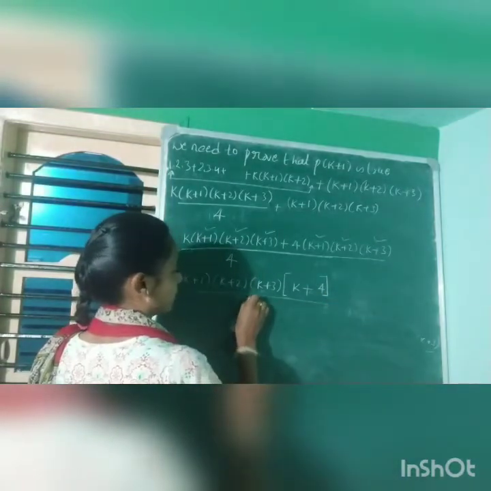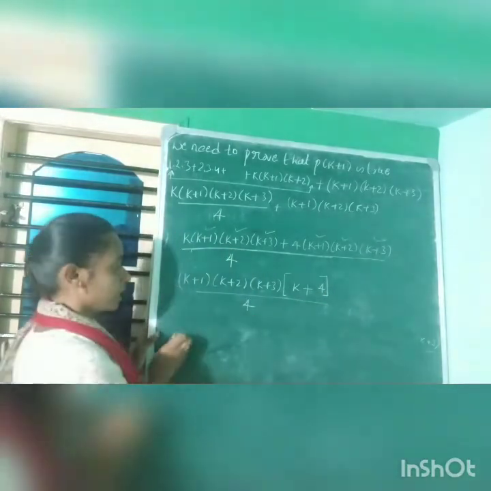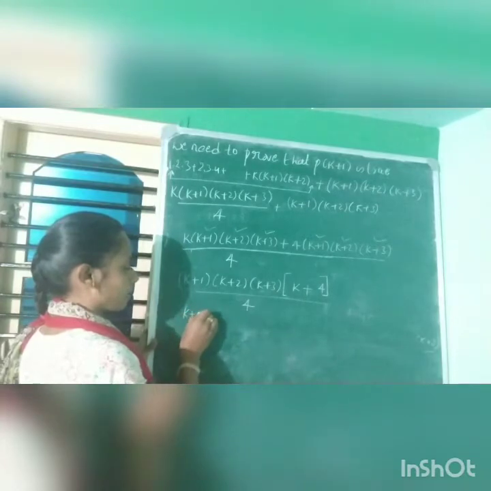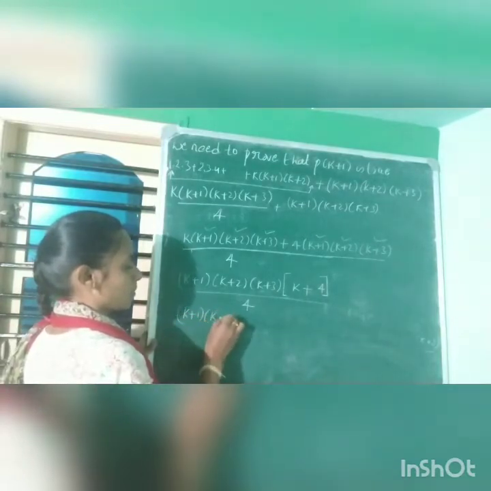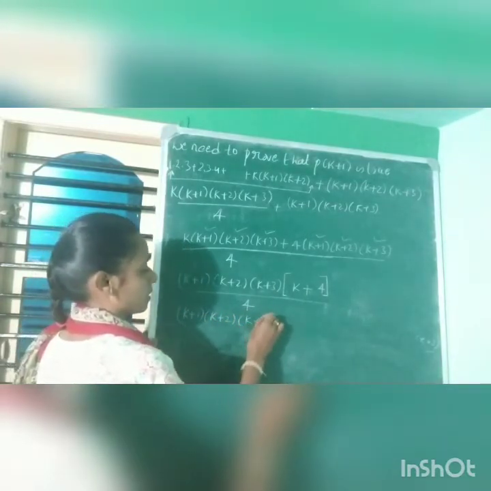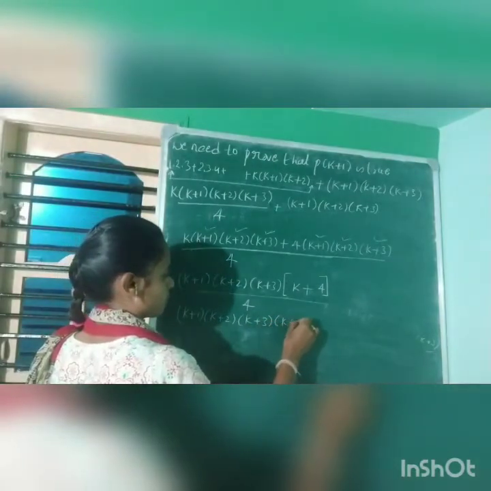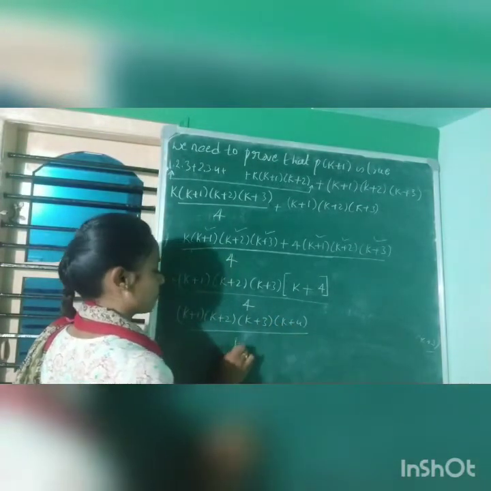All divided by 4. Now I write this as k plus 1 into k plus 2 into k plus 3 into k plus 4, whole thing divided by 4.